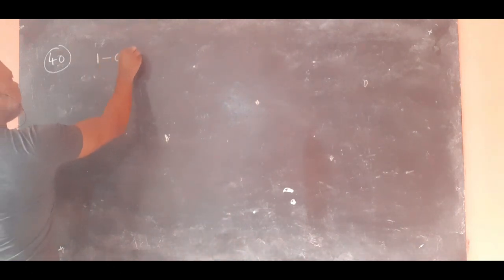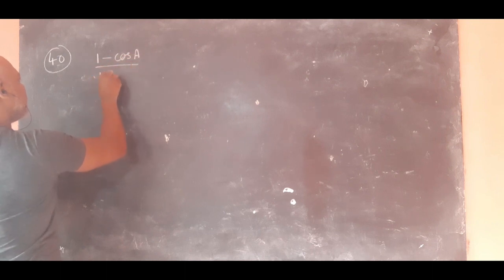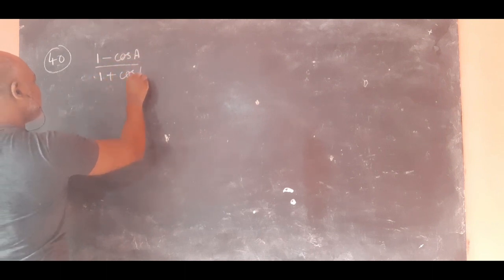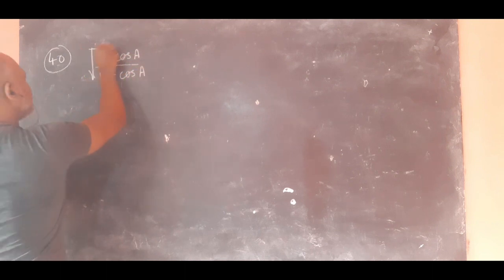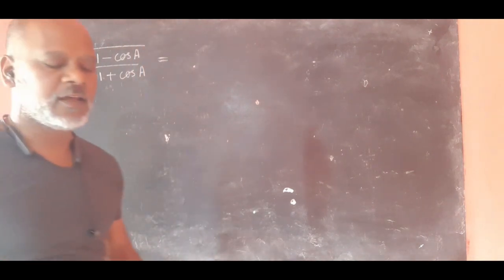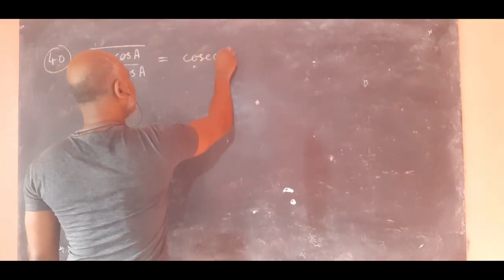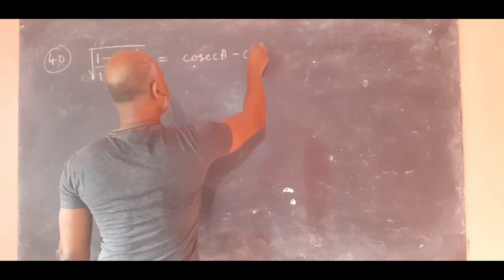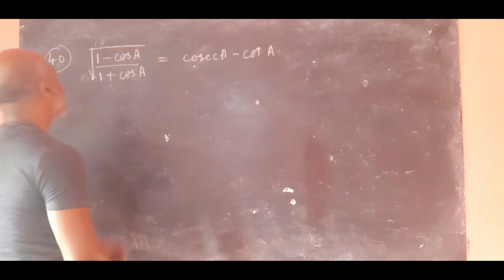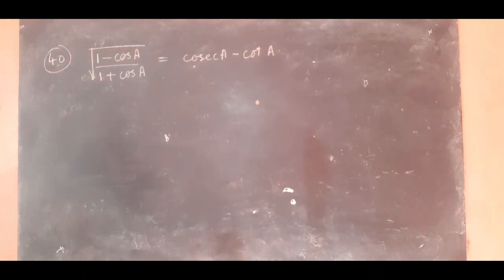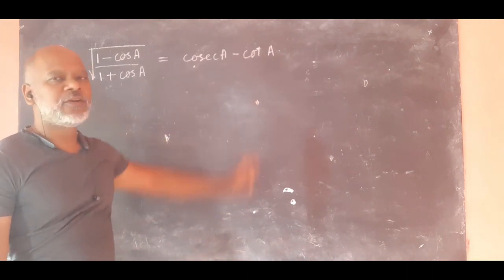So question number 40 is the square root of (1 minus cos A by 1 plus cos A) is equal to cosec A minus cot A. So now here we have minus on the numerator.